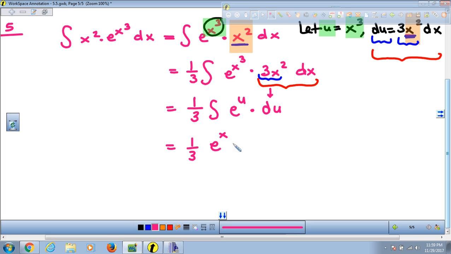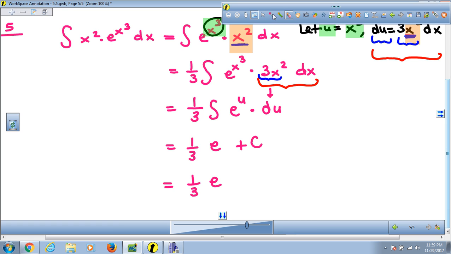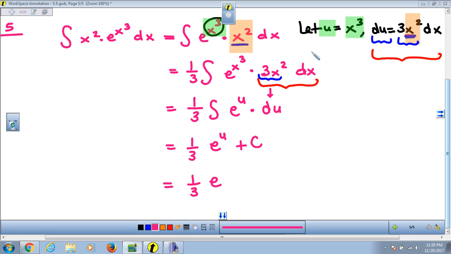E to the x, and then we're supposed to just simply put plus C. So then this 1/3 is going to be multiplying times e, but what was u? Sorry, I put an x, I don't know why. What's u going to be replaced by? It's going to be replaced by x to the 3rd power. Because that was a u over here. And that's basically the answer. Pretty much it.